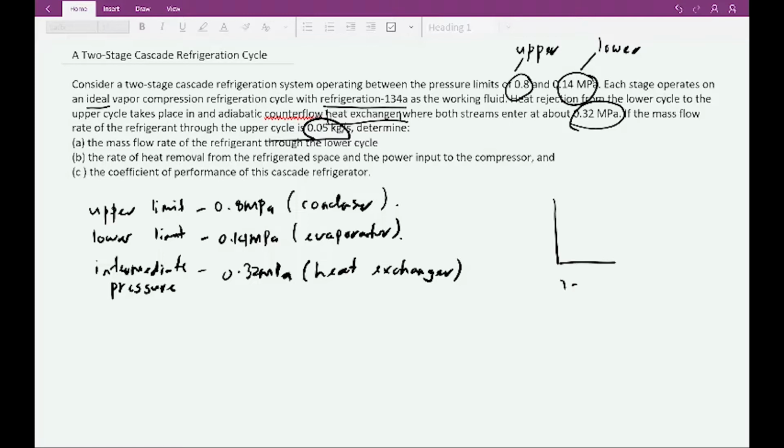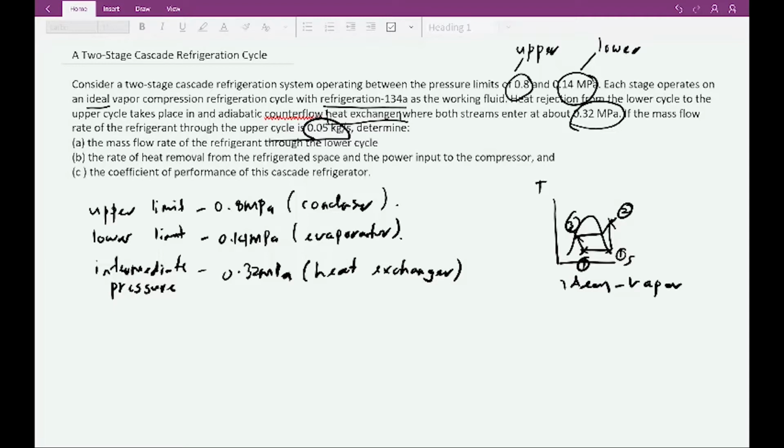So I'm reviewing your T-s diagram. We have here states 1, 2, 3 and also 4.